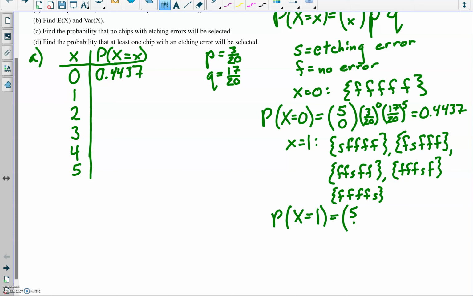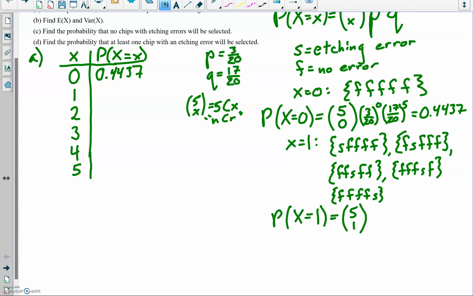So this 5 choose 1, just to write this down here, the 5 choose x in general is you're using the 5CX or the NCR button in the calculator. So if you're looking on your calculator, you may have to go to the probability area of it, the PRB area, or some other mode, depending on what calculator you're using. But the NCR is what comes in.